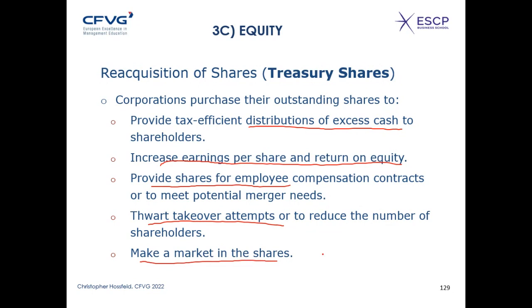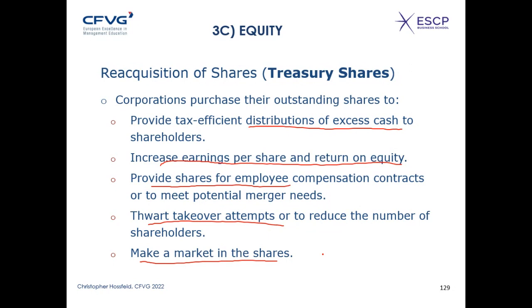And also to make a market in the shares. What does that mean? That means it is in my interest that the market for my shares is rather liquid, meaning it is easy for shareholders to sell their shares or for potential shareholders to buy new shares. Therefore, I will mandate an investment bank. It's not the company doing this itself.